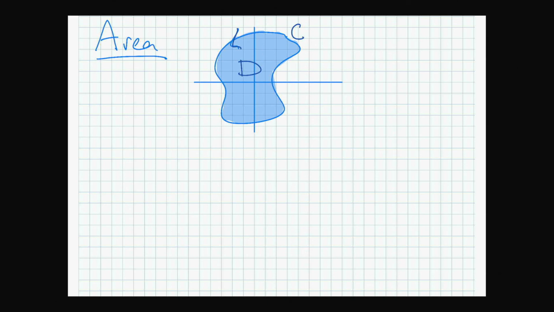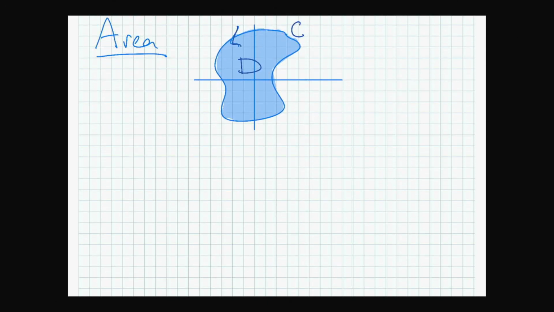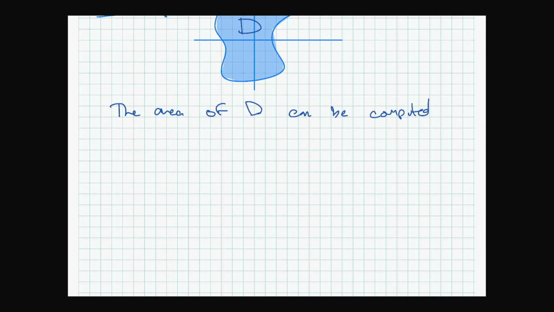Okay. So your two formulas here for calculating the area of D are as follows. So the area of D can be computed as the integral over C of x dy.